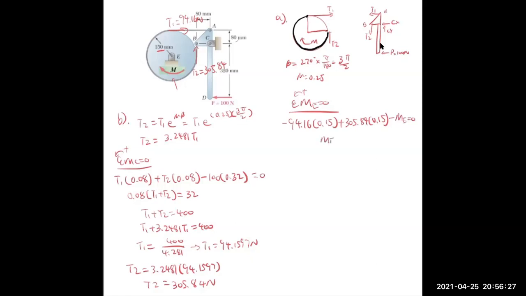Solving this equation, you get M E is equal to 31.75 newton meters. So we found the first part.